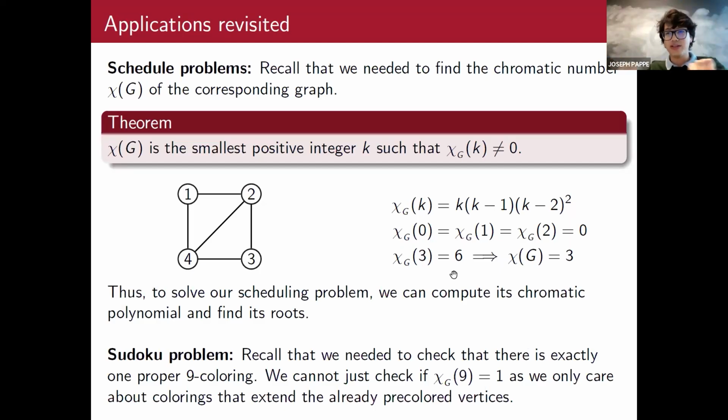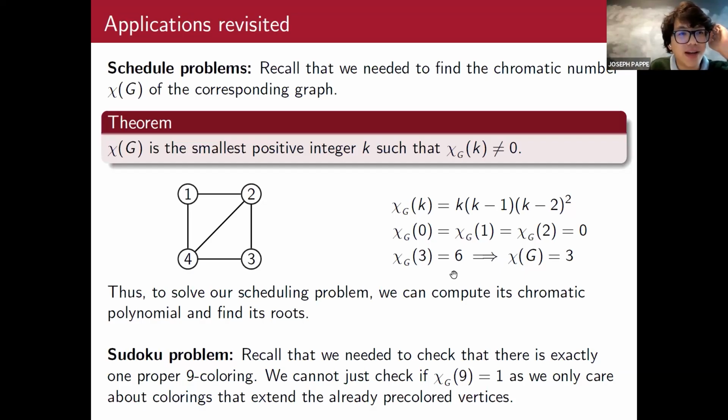In our Sudoku board, our grid was already populated with numbers, and we wanted to check if this is a valid puzzle or not. So we don't care about all colorings of our graph, we only care about the ones that extend these pre-colored vertices. So this doesn't quite work, but we can generalize our notion of the chromatic polynomial slightly, and we can get what we want.